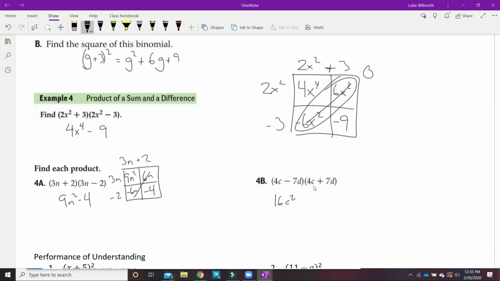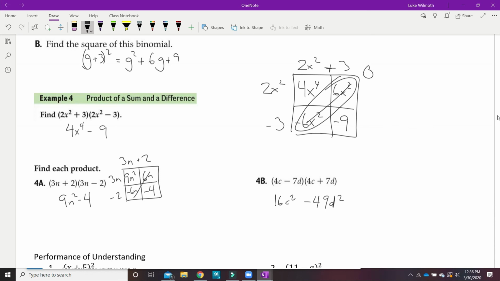The middle two terms are going to be 28cd and negative 28cd, which will cancel. So I'm not even going to write that. And the last term will be minus 49d squared, because 7 times 7 is 49, and d times d is d squared.